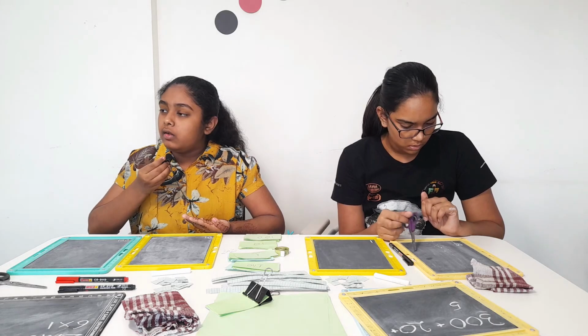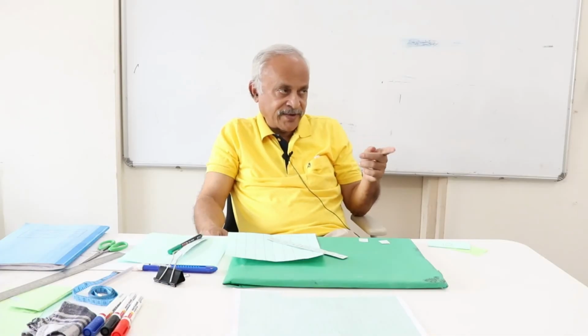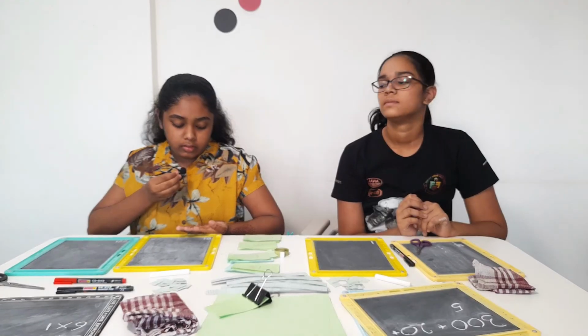So now you've got some little squares, those very little squares. How many such squares are there in 1 by 10? You cut 1 by 10 into how many pieces? 10 pieces. So how many squares are there in 1 by 10? 10.